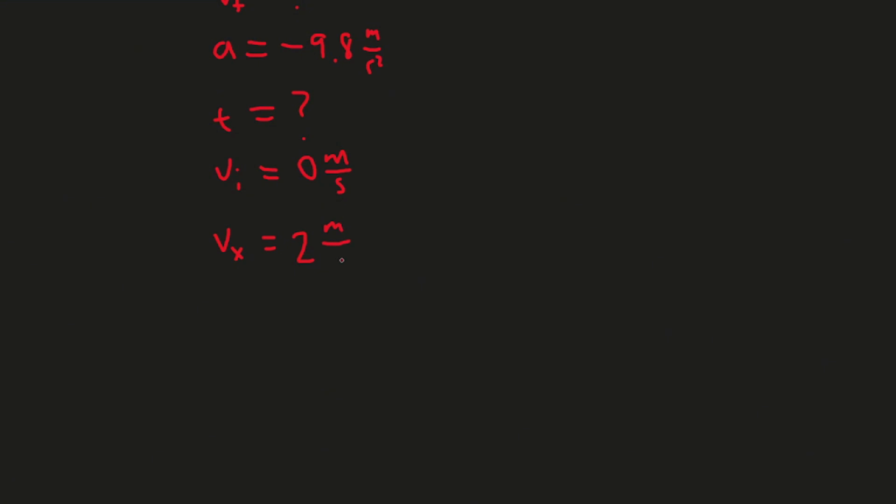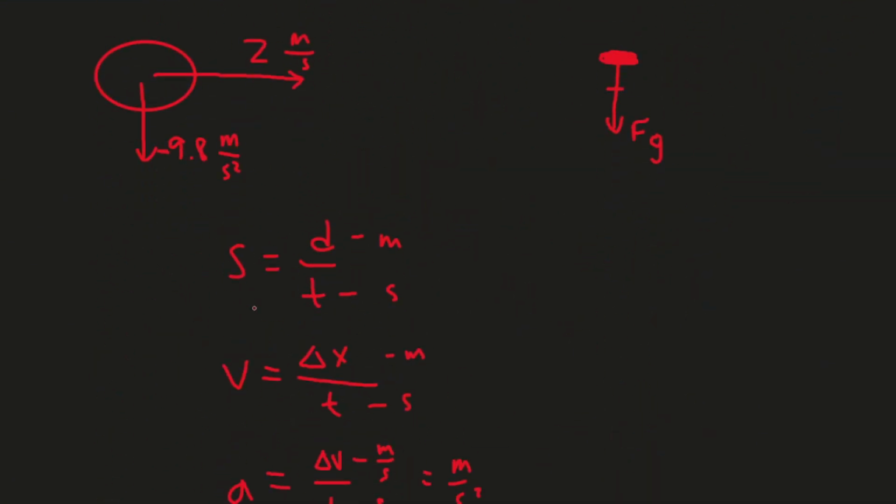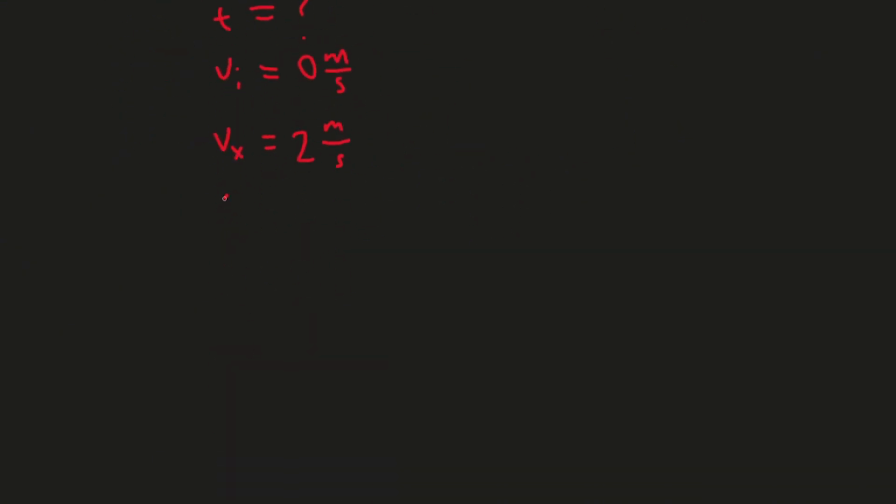And let's say that the distance the ball is going to travel is 10 meters. So from where it started to where it landed is 10 meters. This will be the delta x. So delta x equals 10 meters.